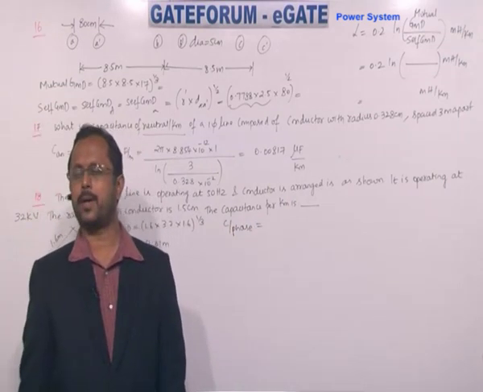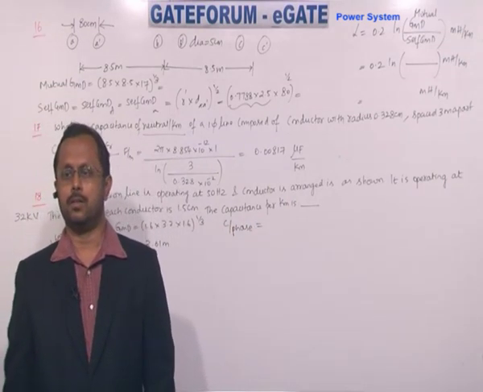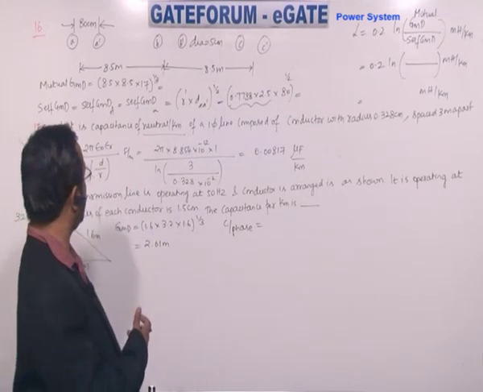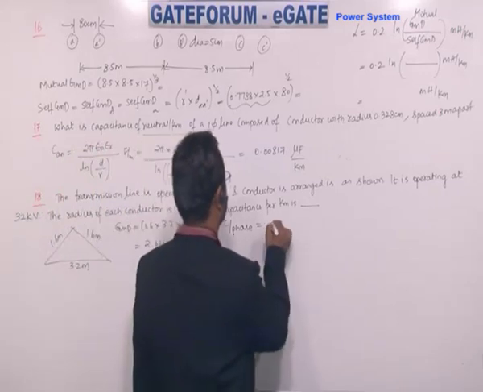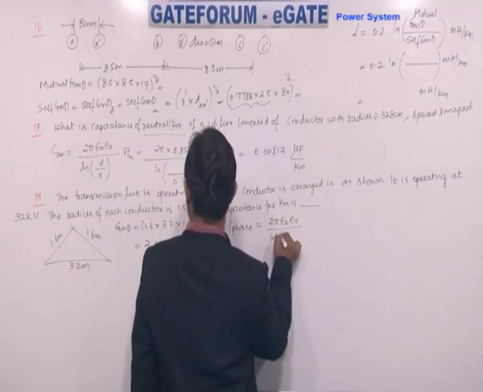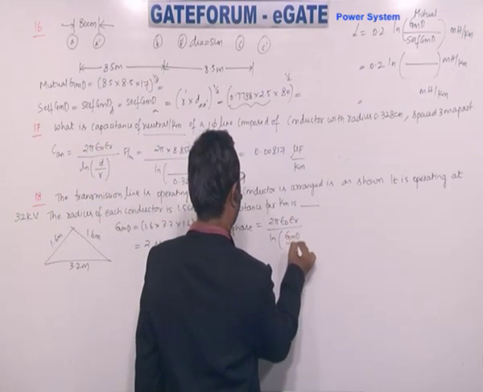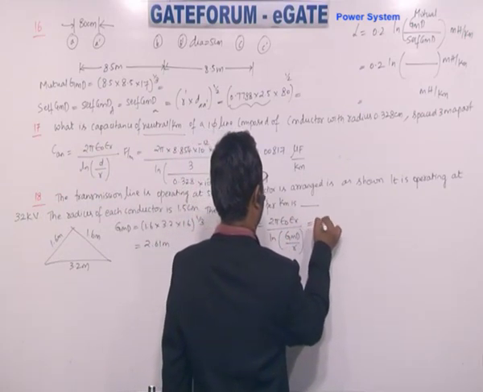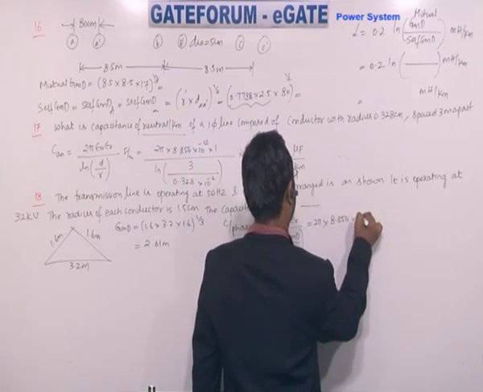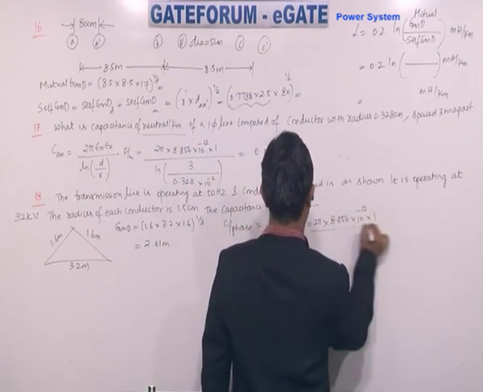So how to find the capacitance per phase? It is similar to the capacitance with respect to neutral, like in the last case. So use this formula and accordingly find out the answer. Epsilon naught how much? 8.854 10 power minus 12 into 1.